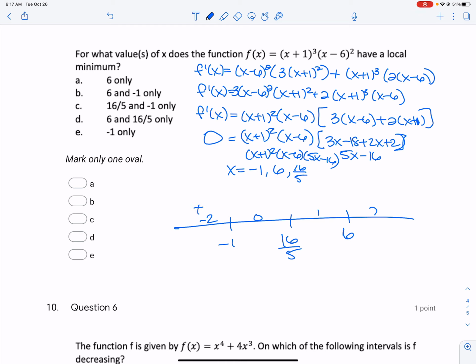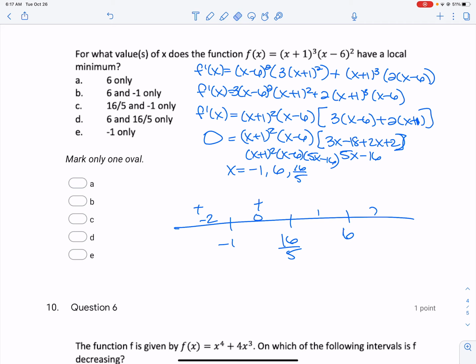When I plug in 0, that will be a negative 2. That will also be a positive. When I plug in 1 in here, let's see, I'm going to make sure I'm doing this right. 16 over 5, I can't pick 1.